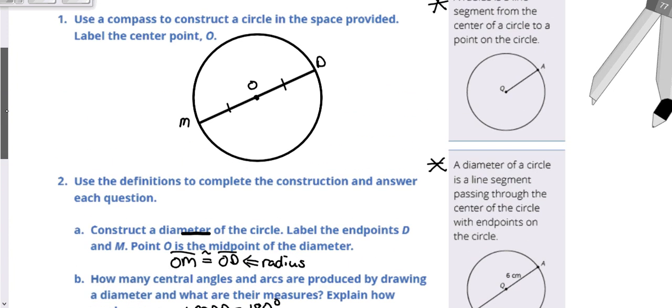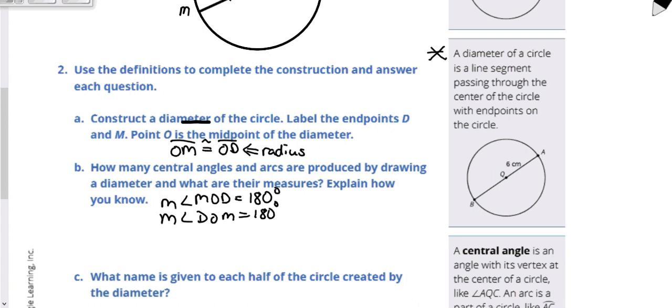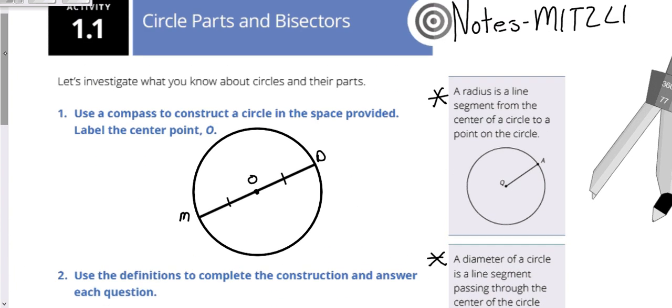So we're kind of talking about this angle right here, from here out.